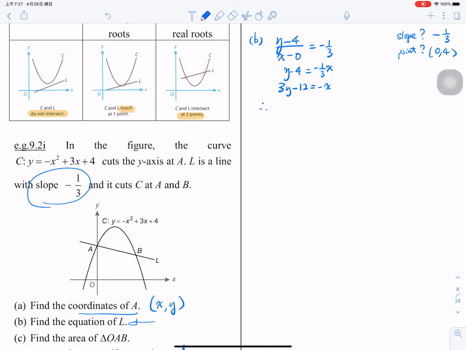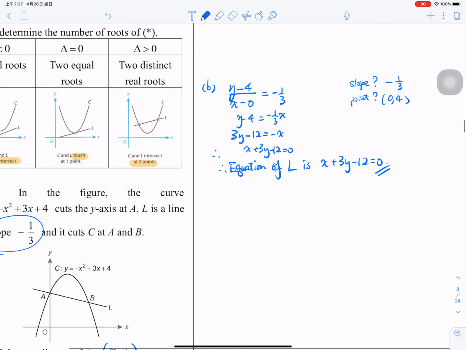Okay, so x plus 3y minus 12 equals to 0. So the equation of L is, oh not x squared, x plus 3y minus 12 equals to 0.